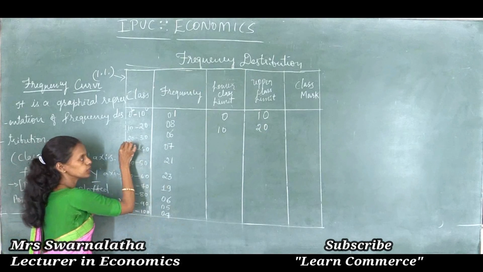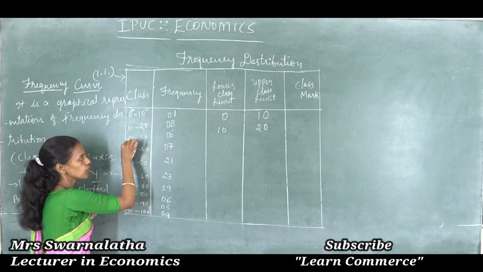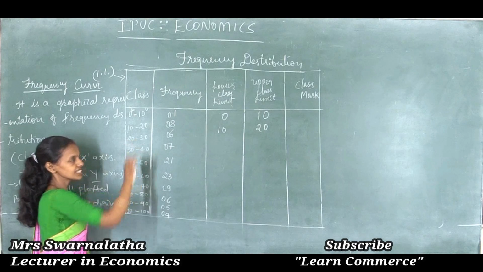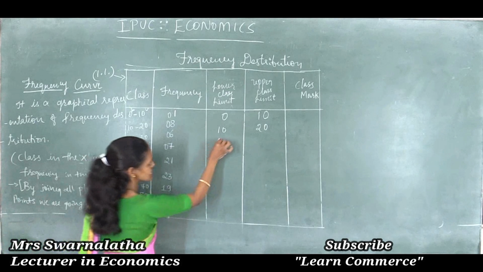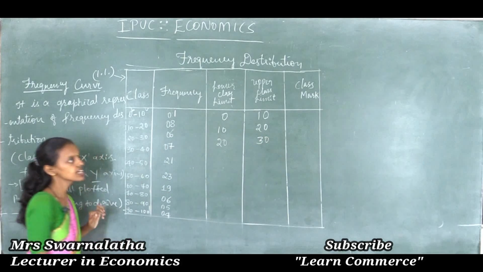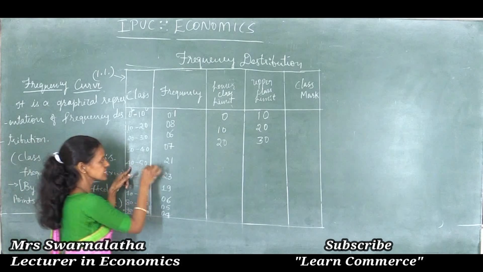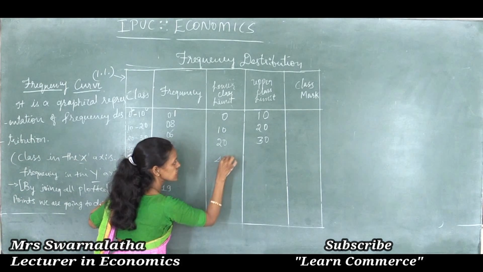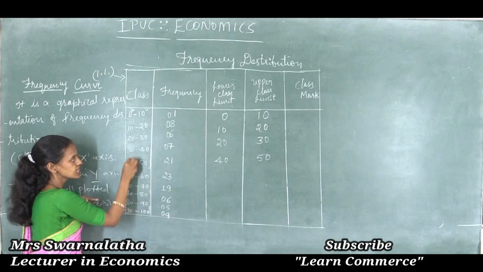Next, 20 to 30 is there. 20 is the lowest value, 30 is the highest value. So the lowest value we consider as the lower class limit and the highest value, 30, as the upper class limit. Then in the 40 to 50 class, 40 is the lower class limit, 50 is the upper class limit.